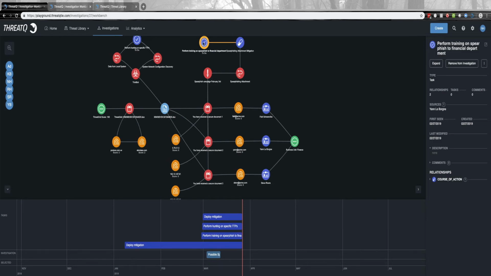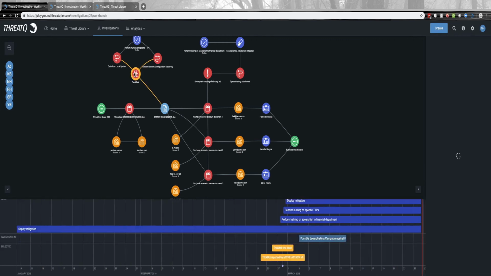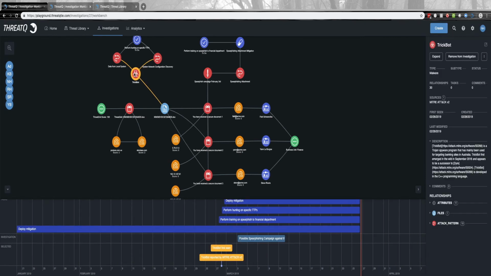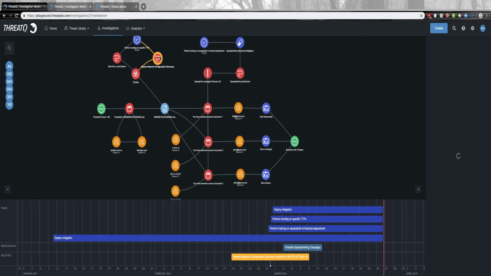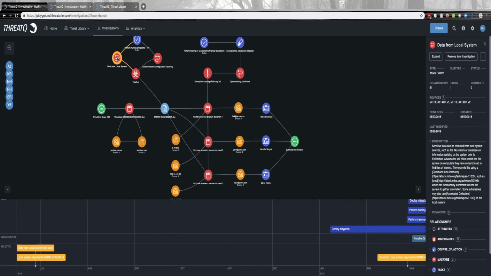Let's step back and talk about addressing it from the architectural standpoint. Because also, by utilizing external information, I'm able to determine that this file, when it's detonated through the sandbox, is actually TrickBot. So it's a known piece of malware that is recognized in the outside world, which then gives me other attack patterns that I can look at, whether we're talking about system network configuration discovery or data from local systems.